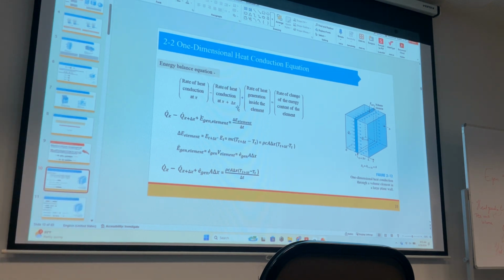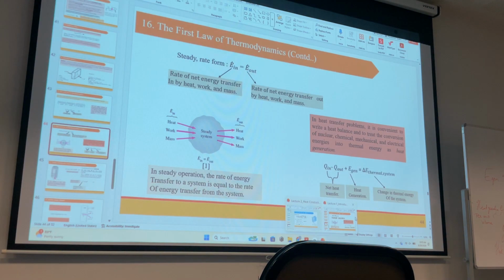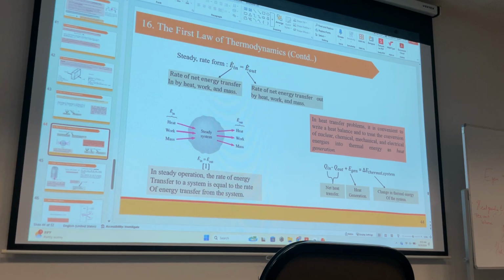We studied this here. In a heat transfer problem, it is convenient to write a heat balance and to treat the conversion of nuclear, chemical, mechanical, electrical energy into thermal energy.